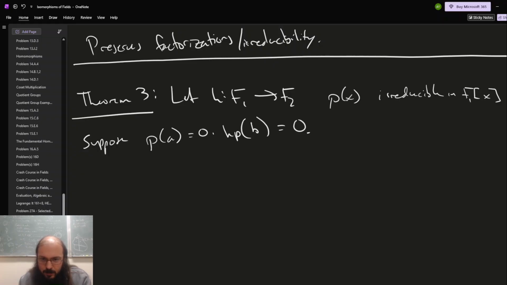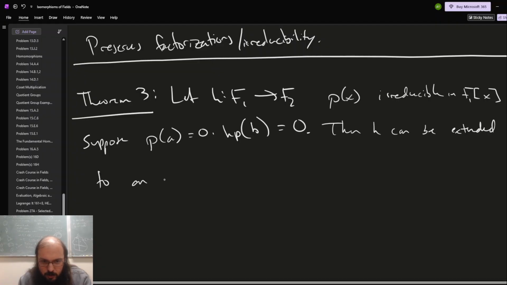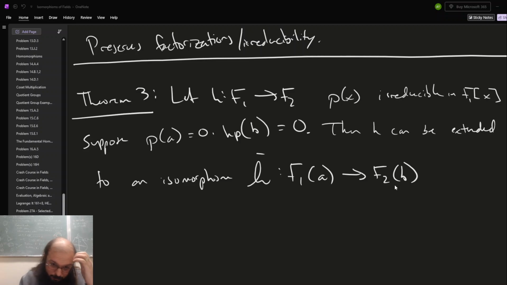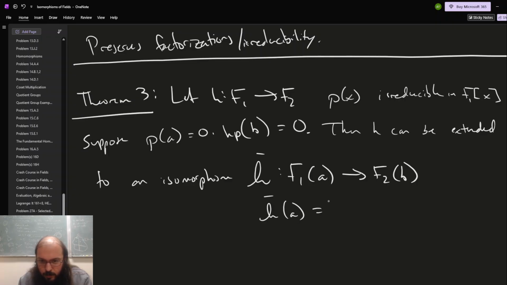And what he tells us is then H can be extended to an isomorphism H bar, which takes F1 adjoin A to F2 adjoin B. And in particular, if you do this, H bar of A will be equal to B. Okay.